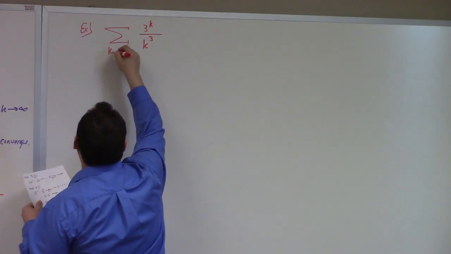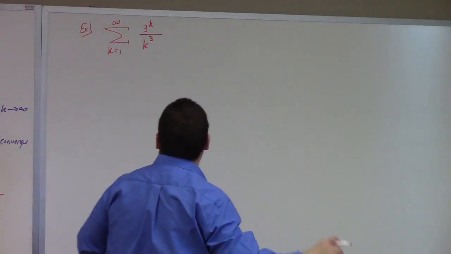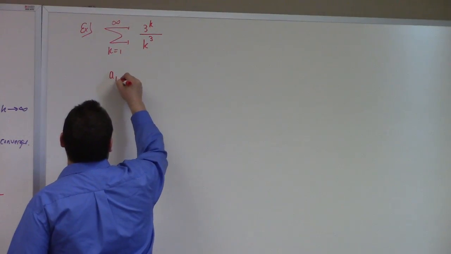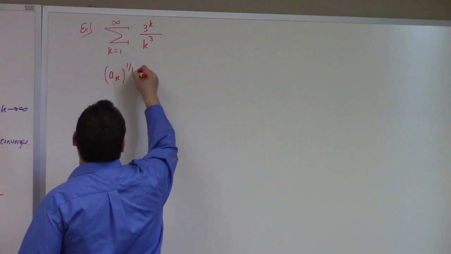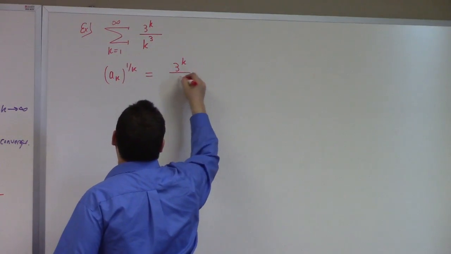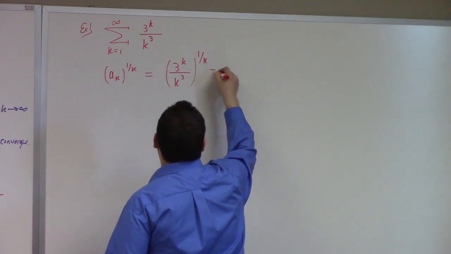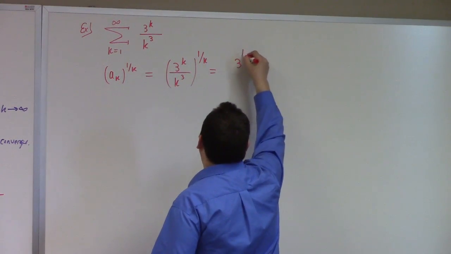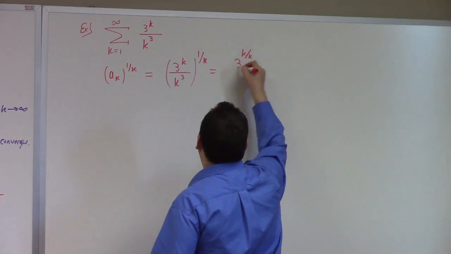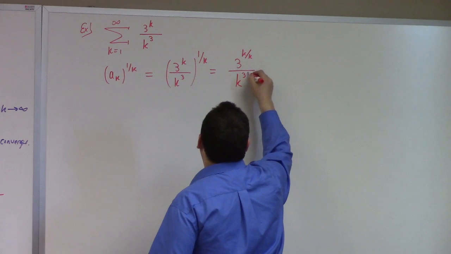So here, if you look at a sub k to the 1 over k, what do we have? We have 3 to the k divided by k cubed, to the 1 over k, which is 3 to the k over k, 3 over k, right?